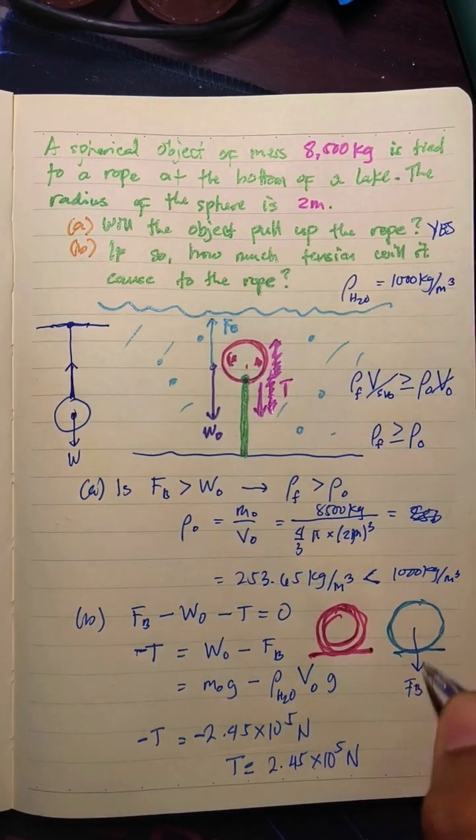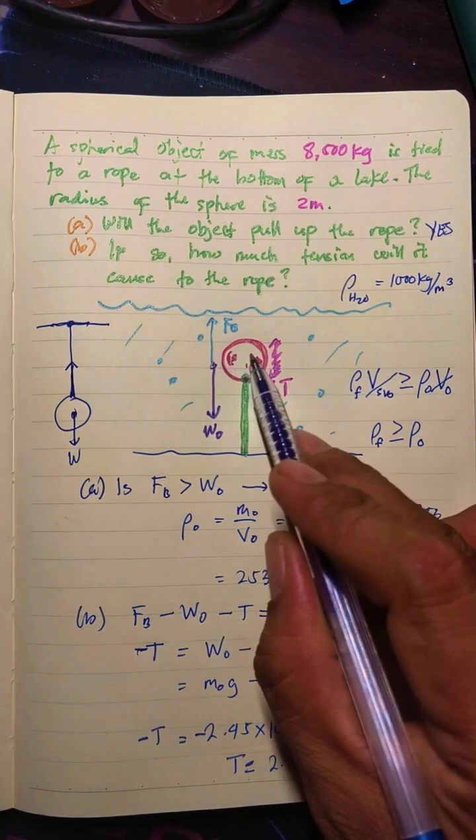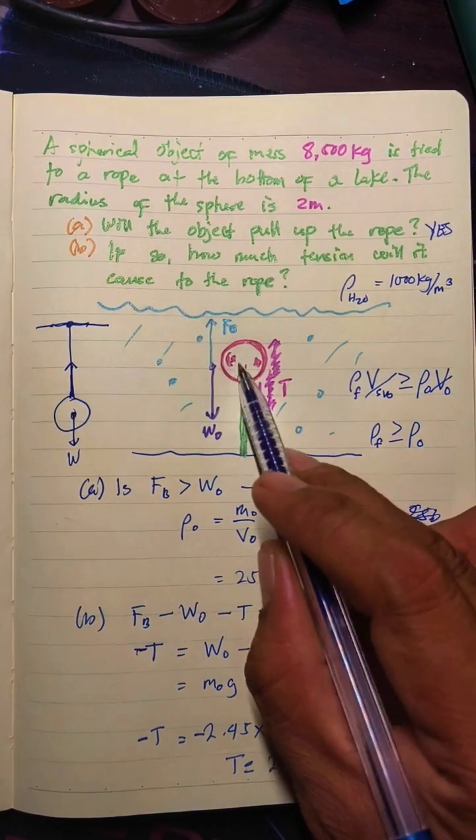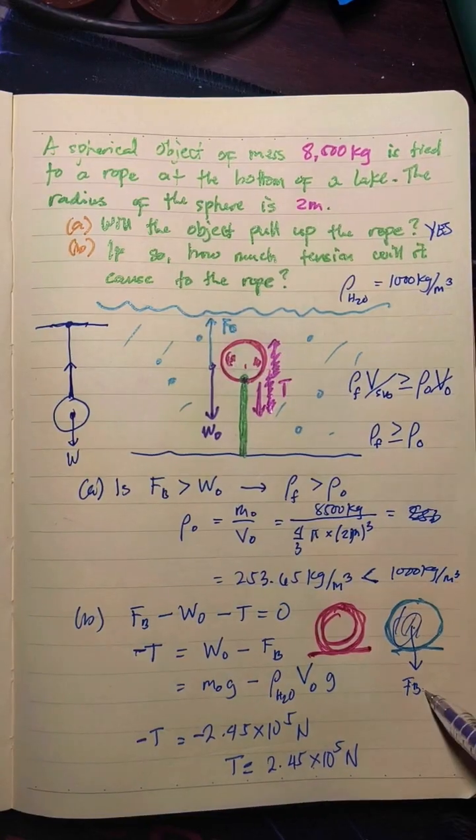This is the buoyant force, the weight of the fluid displaced. This is the fluid displaced. The size of the fluid displaced is equal to the size of this object here. If you weigh that, that's the buoyant force.